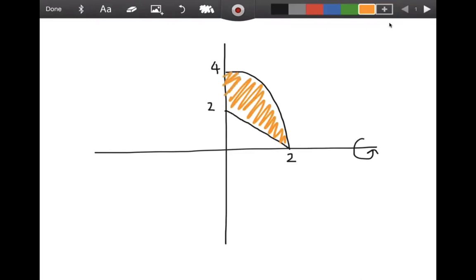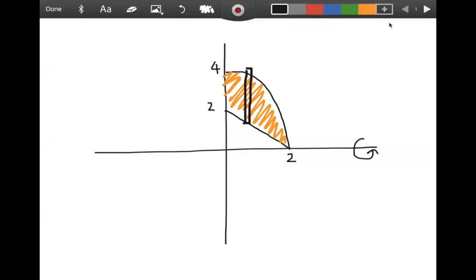All right. And first we wanted to use washers. So remember, with a washer, the rectangle is perpendicular to the axis of revolution. So that means vertical. So if I draw that rectangle, let's say here. Remember for washers, we need an outer radius and an inner radius.